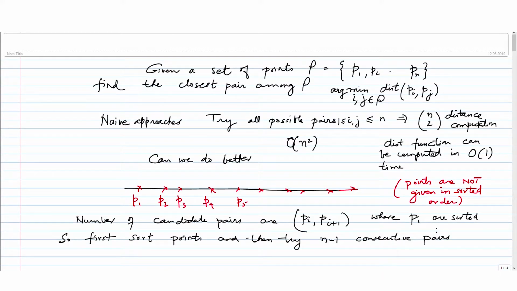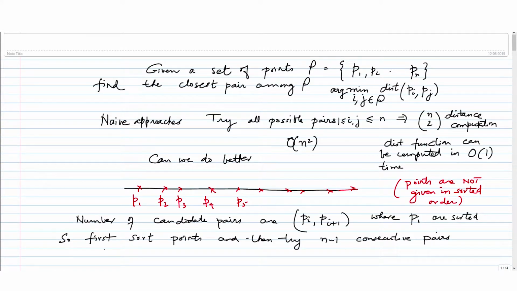And then what will be the running time of this algorithm? N log n, because sorting takes whatever time. Let's say sorting takes n log n time. Sometimes you can even do faster sorting if the points are integral points and things like that, right? Integral points in a bounded range, you can use radix sort, etc. So basically the whole thing is dominated by the sorting, because in the next part there are only order n distances to be computed, right?